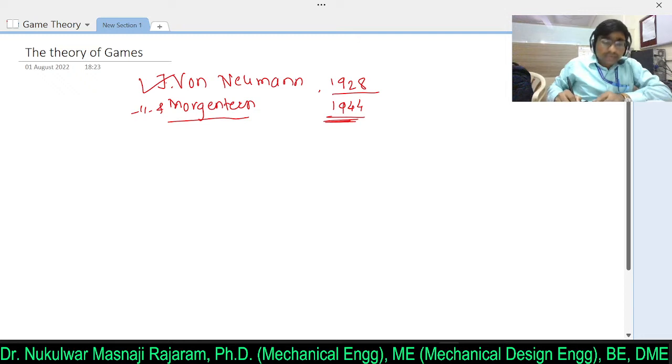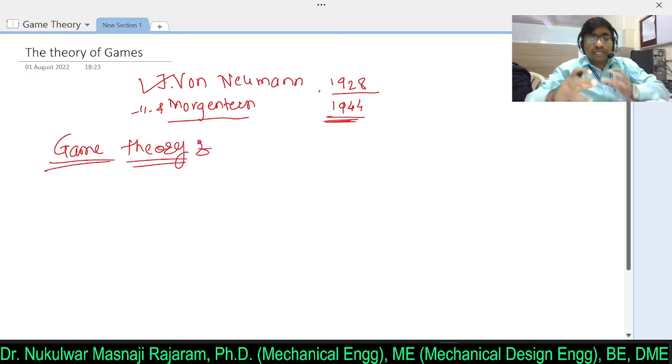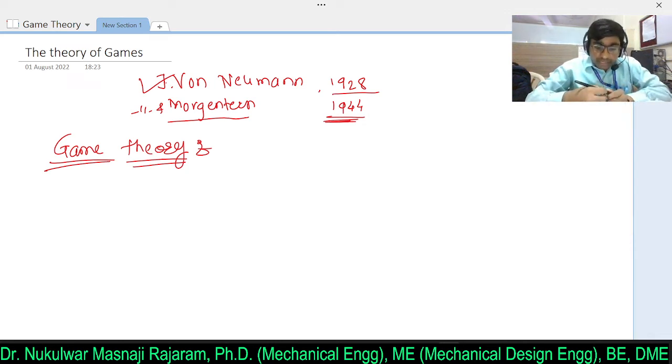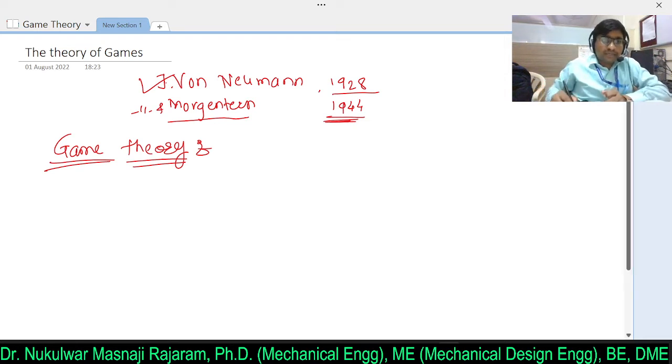Now let's see what this theory of games, or game theory, is. This is the theory which is used to take decisions in a competition. You might have seen there are n number of competitors. If you consider an example, let's take the example of cars.